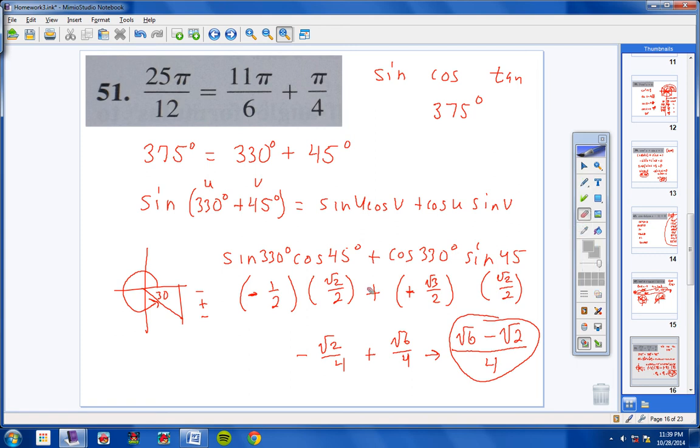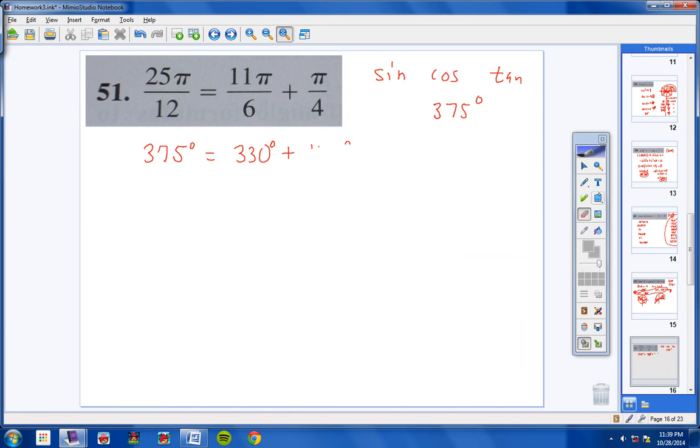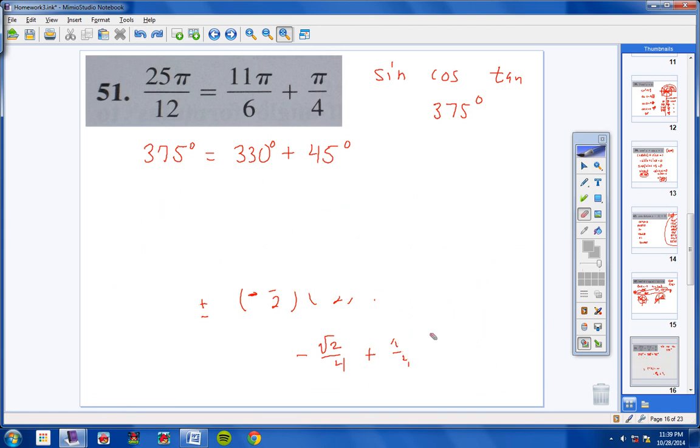So now, moving on, let's do cosine, okay? So cosine of 375. So we're going to have this right here. We're going to have cosine of 330 plus 45. And that breaks down to this right here.